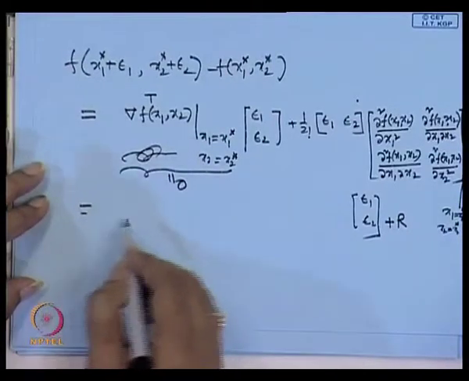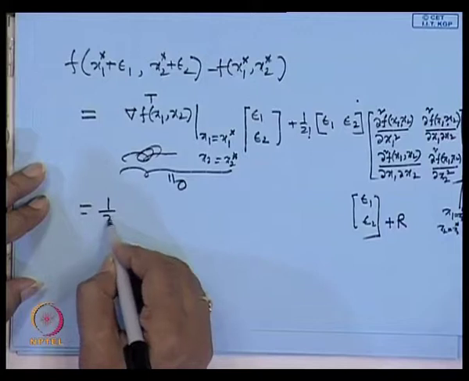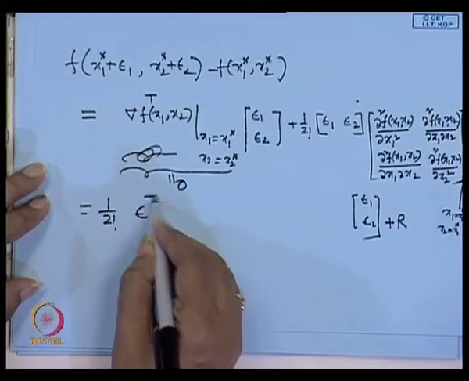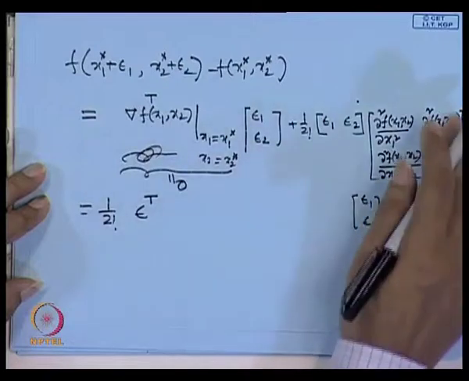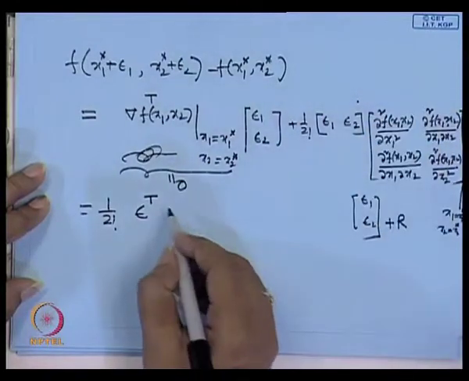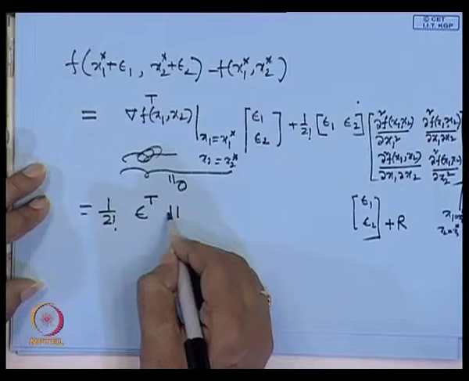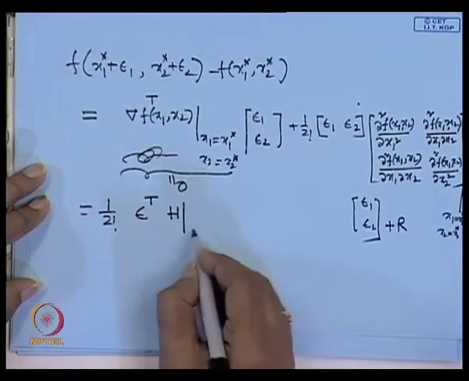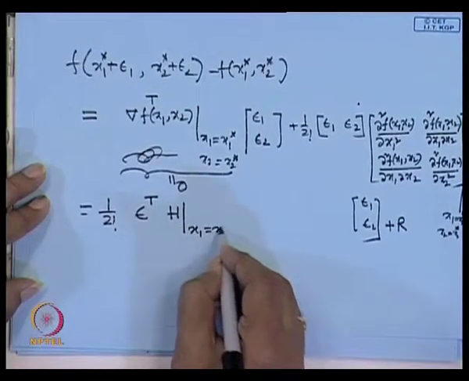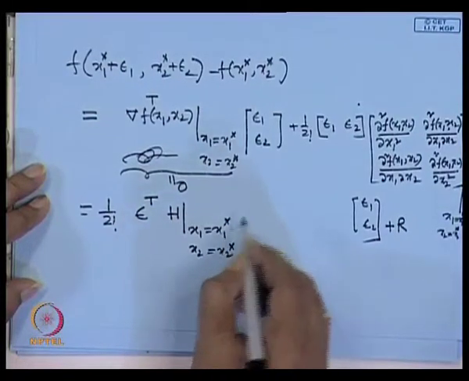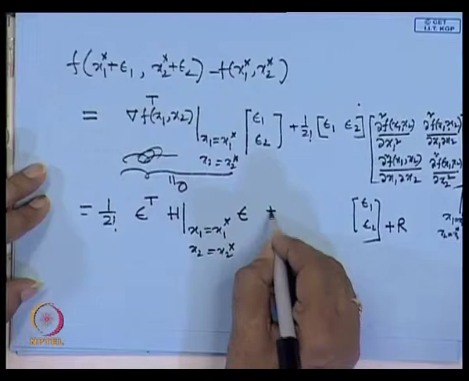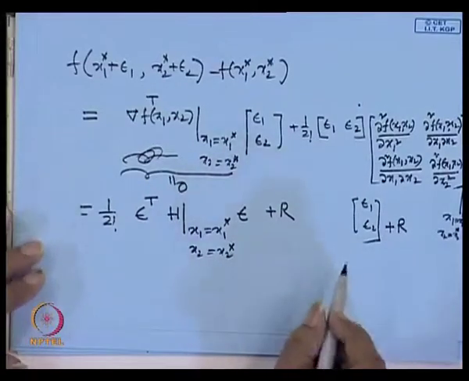So, if it is so, the right hand side now I can write as half epsilon transpose into the Hessian matrix H, you calculate H, the Hessian, at x 1 equal to x 1 star, x 2 equal to x 2 star, into epsilon plus R, agree.